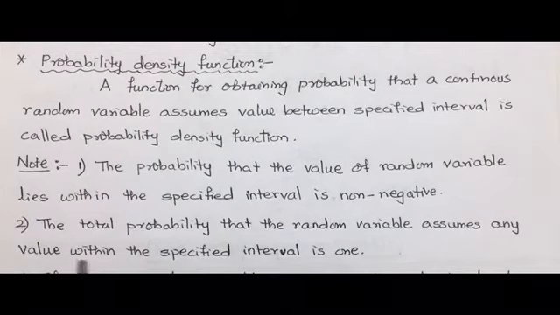Now whenever we total up all the probabilities in a specified interval a to b, then the probability should be equal to 1. This condition we have taken up in the second chapter also.